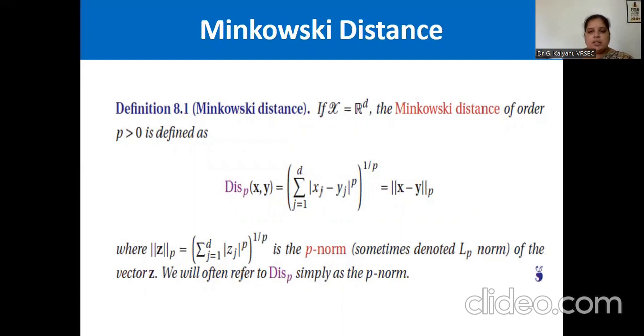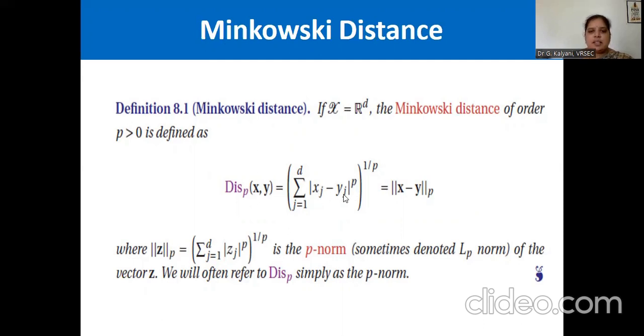And this Minkowski distance of order P is also called the P norm distance. The formula to evaluate the Minkowski distance between any two instances X and Y is simply the difference between X and Y, raised to the power P.